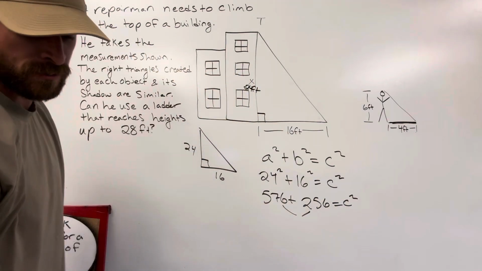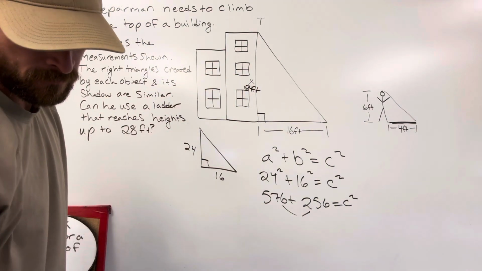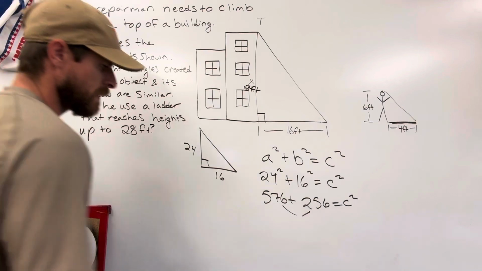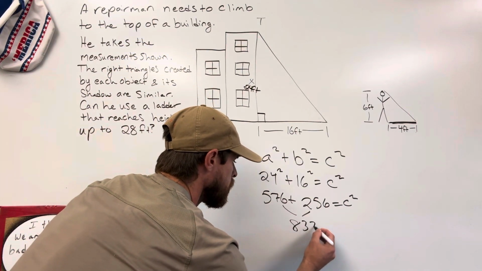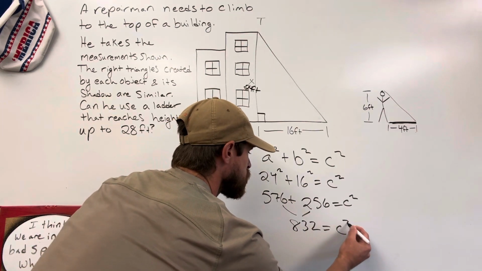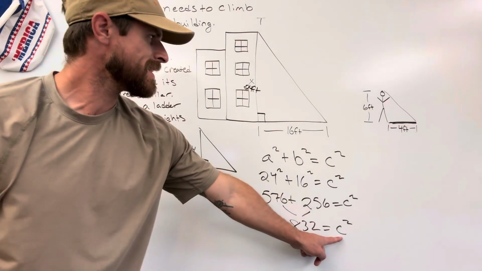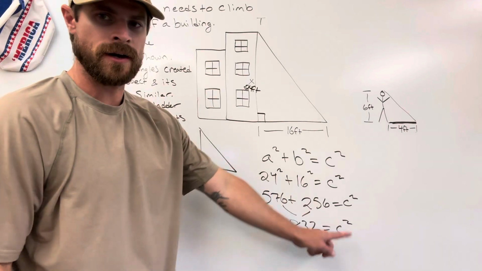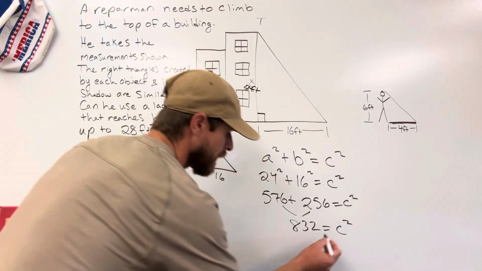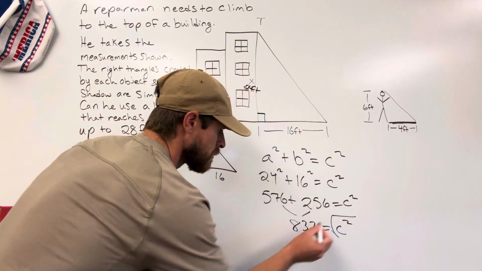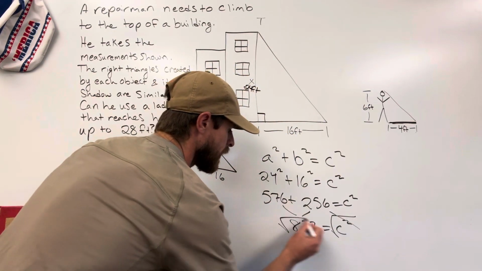Combine your like terms, so just add those together, leaving me with 832 is equal to C squared. Now, I don't know what C is yet because it's still squared. I have to take the opposite or the inverse of squaring a number, and that is square rooting. Cancels. Square root the other side.